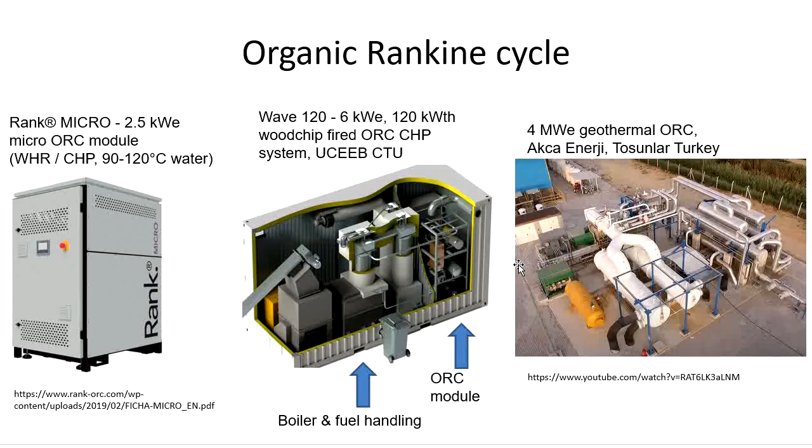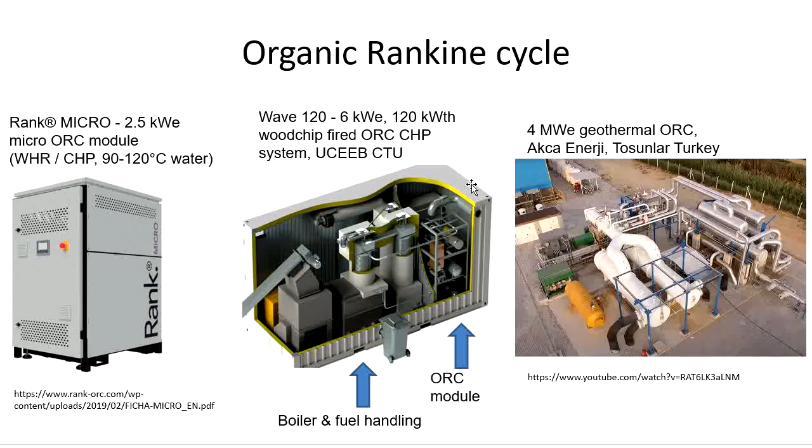So what you can see in the middle is a system with about 6 kilowatts of electrical power output for combustion of wood chips in combined heat and power regime with the 120 kilowatts of thermal output, where this particularly is a system Wave 120 developed by our University Center of Energy Efficient Buildings.